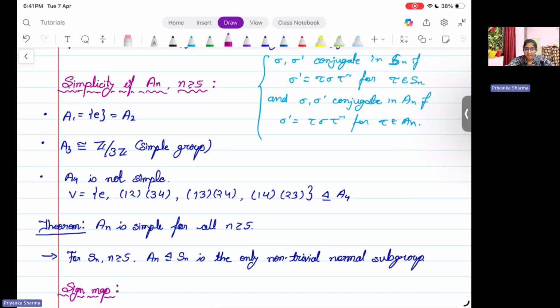These four elements, here this is an element of order 1, and these three elements have order 2. So this group is isomorphic to Klein's 4 group, and this is normal in A4.